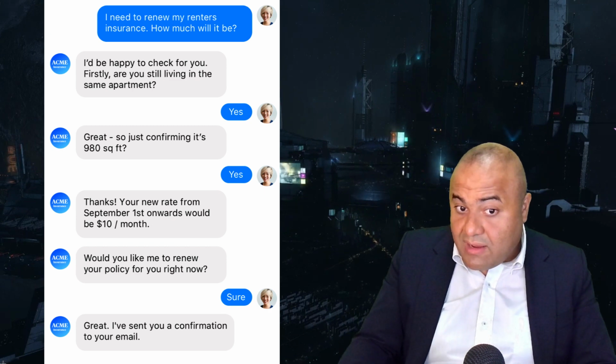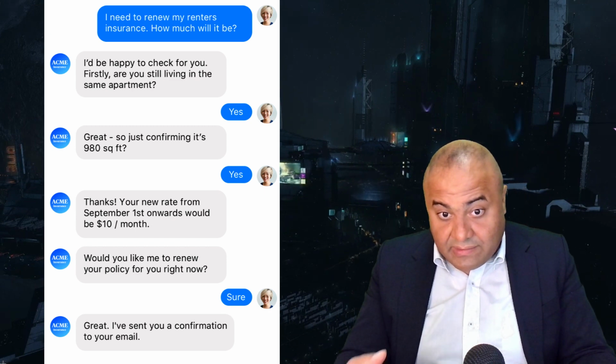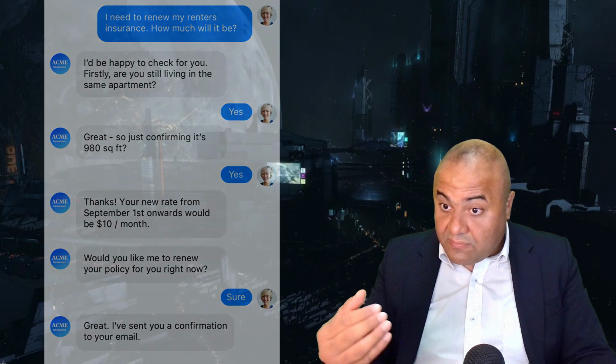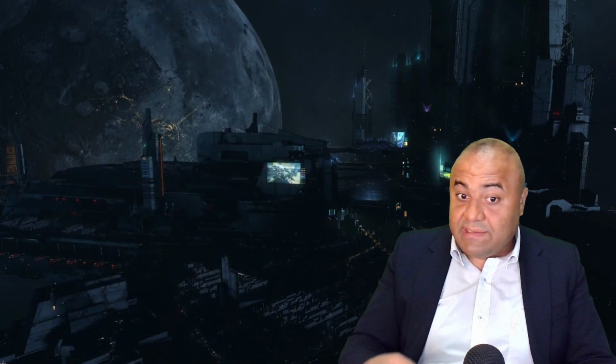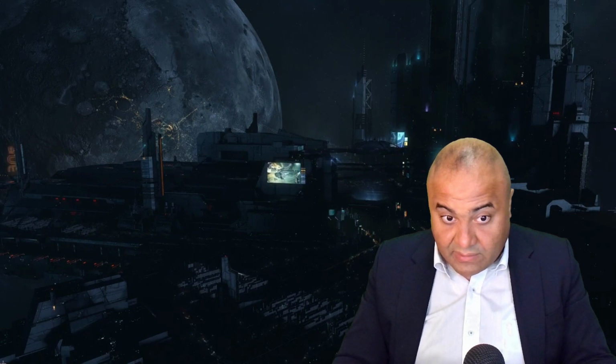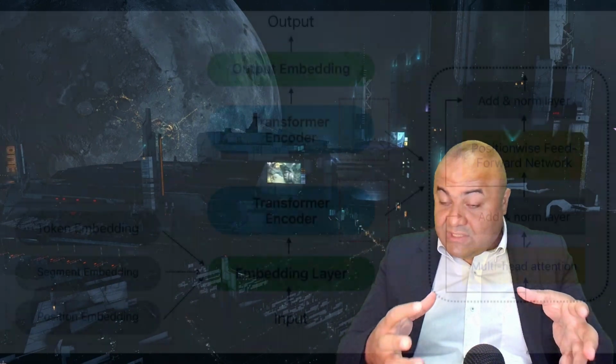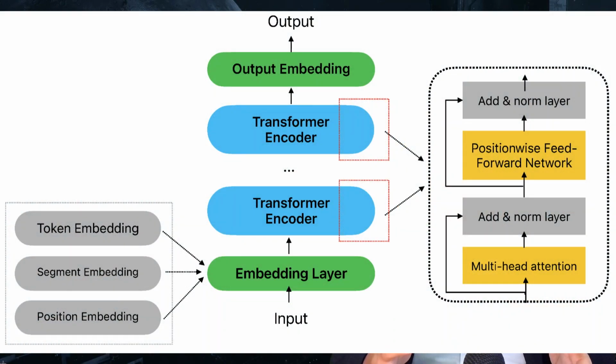When a new message arrives, the chatbot leverages the conversation history to generate a response that aligns with the ongoing interaction. So these chatbots are built on sequence-to-sequence models, which encode the input messages and decode the output response.